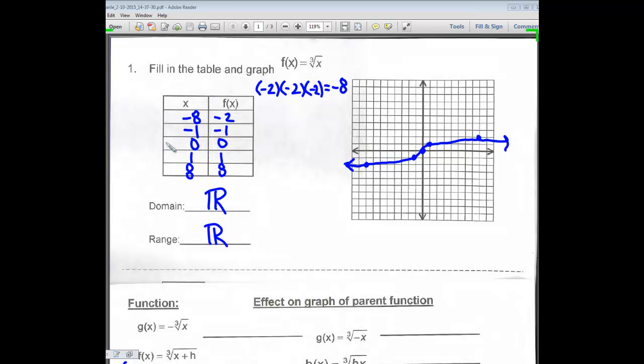Now when we are transforming the parent function, we are moving the original spot, which is 0, 0. So this is what we're actually shifting. And this is the pattern.